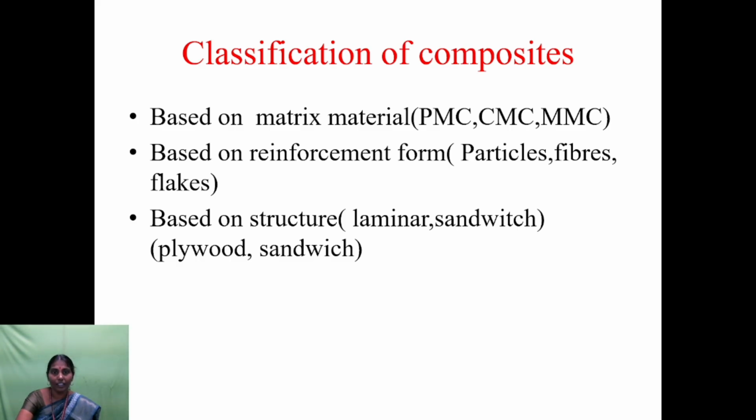Then next is the classification of composites. Composites are classified depending upon the matrix material, based on reinforcement form, and based on structure. So these are the three classifications: first based on matrix, second based on reinforcement, and third based on structure.